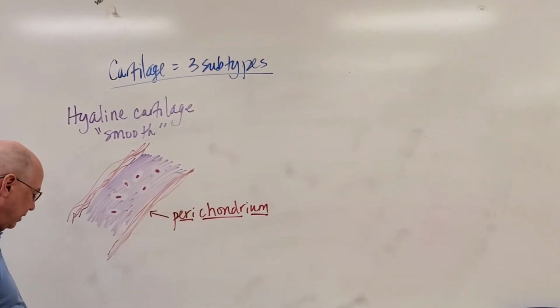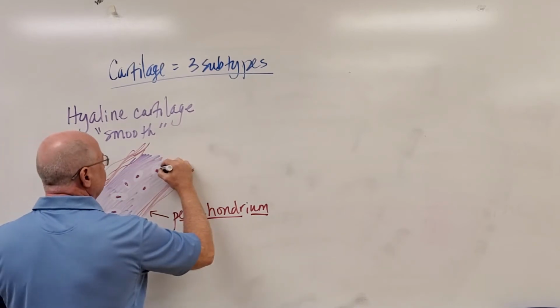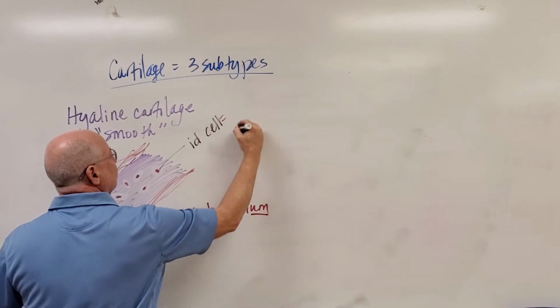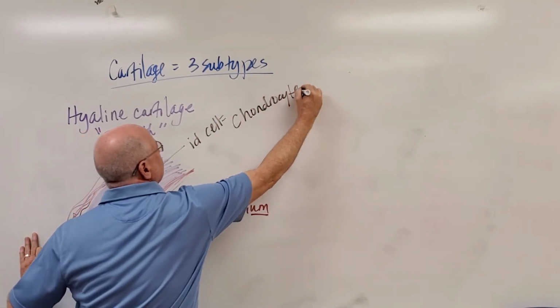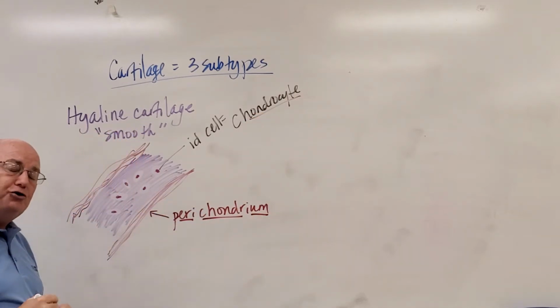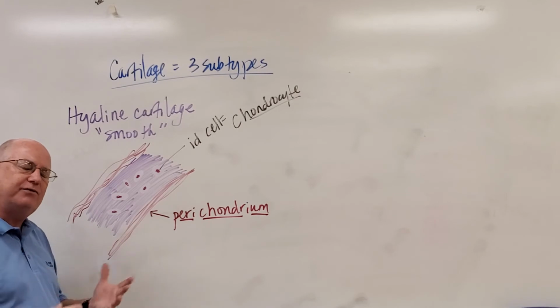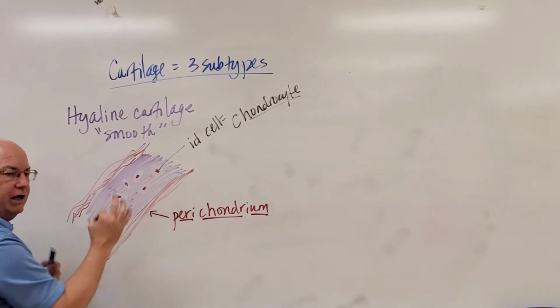Now, the cells that are found in cartilage, if I ask you to ID the cell, is going to be called a chondrocyte. There are chondroblasts, which are immature cartilage cells, but we're not going to see them, not for my slides. And if I look inside the cartilage, there's these empty chambers.